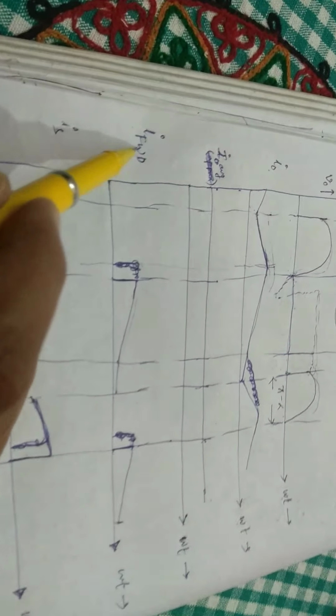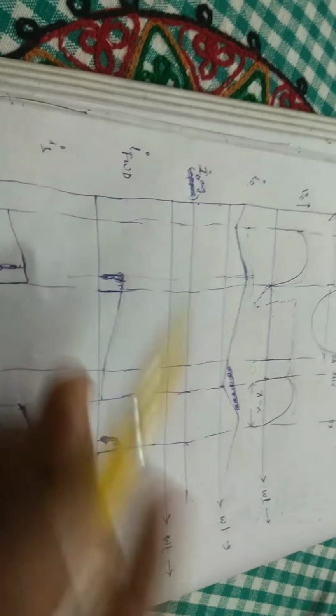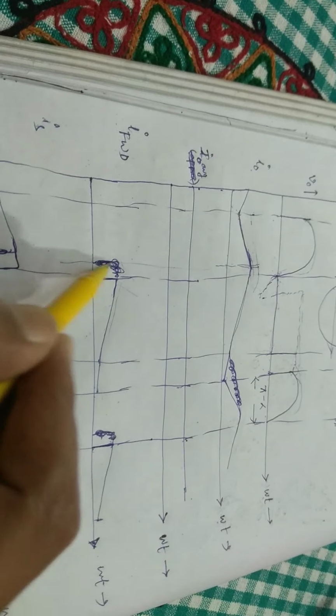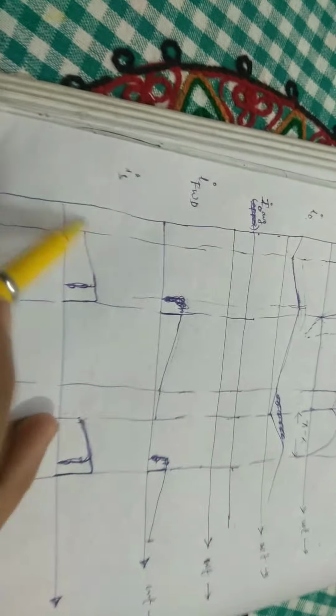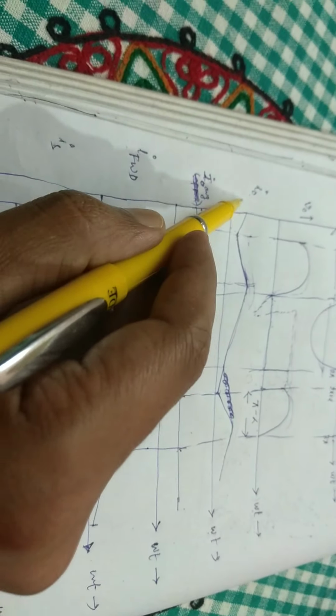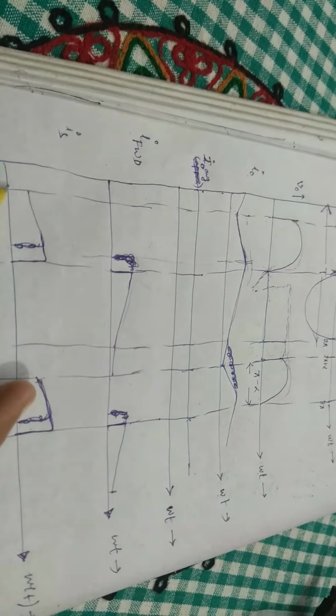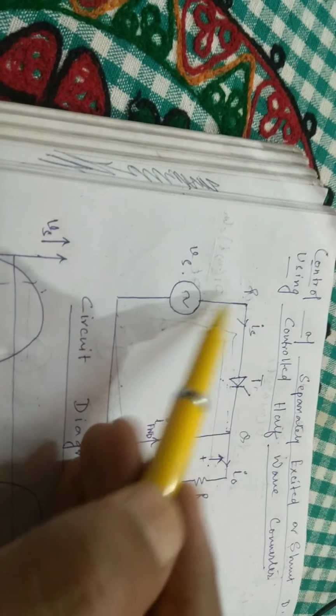This is the freewheeling diode current, which is just a portion of this I0. Now this is cancelled, right? And this is the supply. From I0, if you separate this IFWD, what is left is IS, that is the supply current.